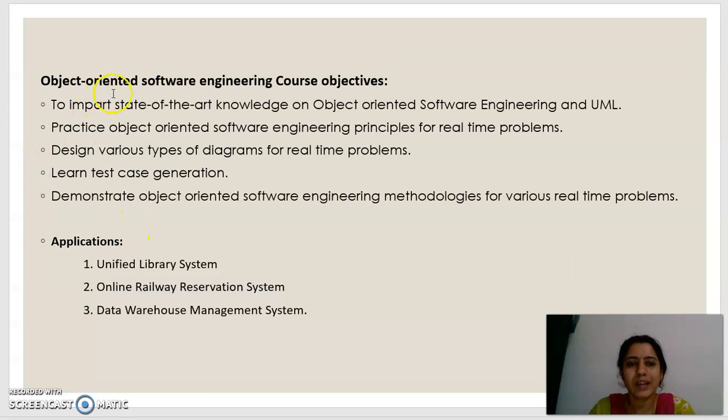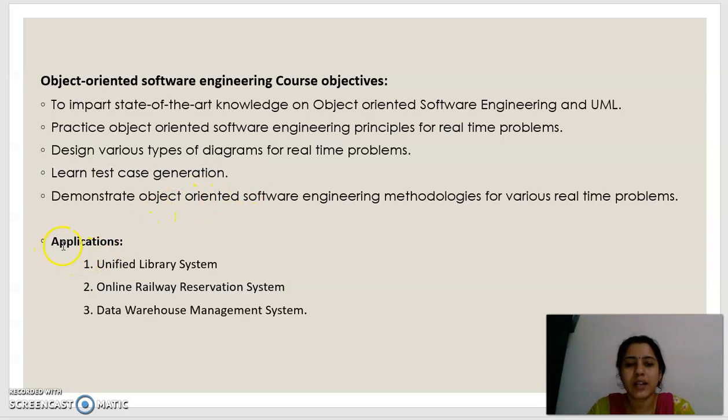The main objective of this lab is to impart state of the art knowledge on object oriented software engineering and UML, practice object oriented software engineering principles for real time problems, various diagrams and test case generations, and demonstrate object oriented software engineering technologies for various real life problems.